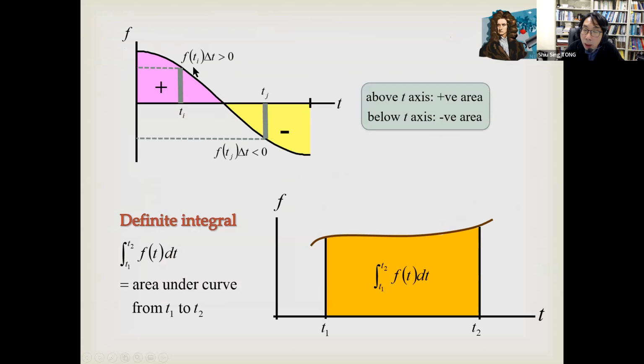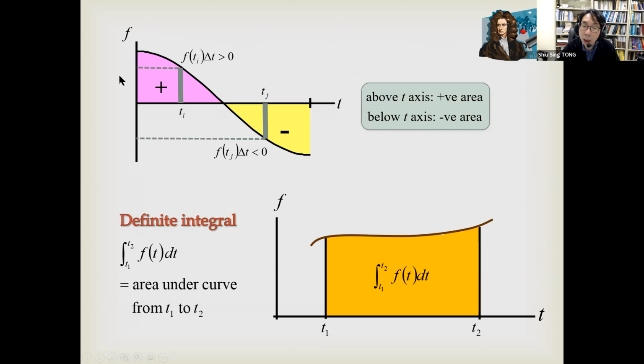Now since the integration represents an area, and each strip has an area f multiplied by delta t, f can take on positive and negative values. If f is larger than 0, the area is positive, while if f is less than 0, the resulting area will be negative. So the area does carry a sign.